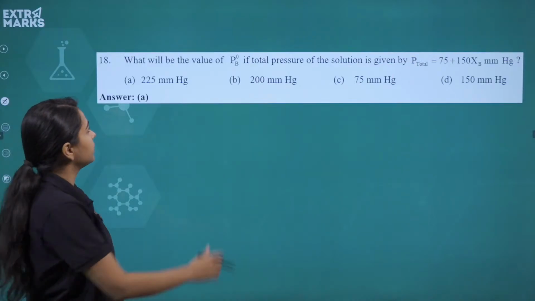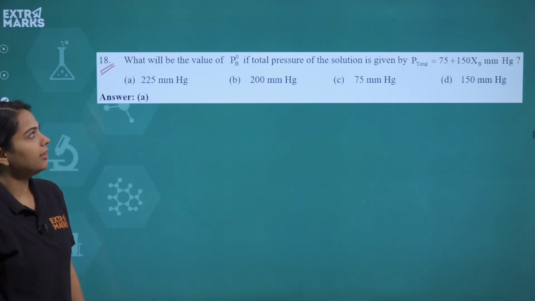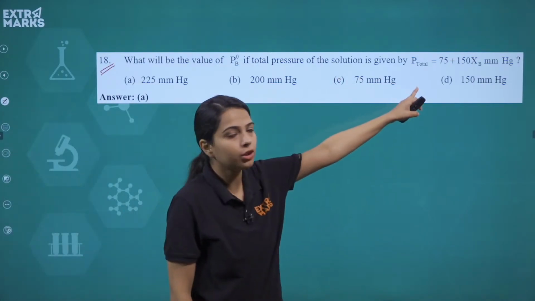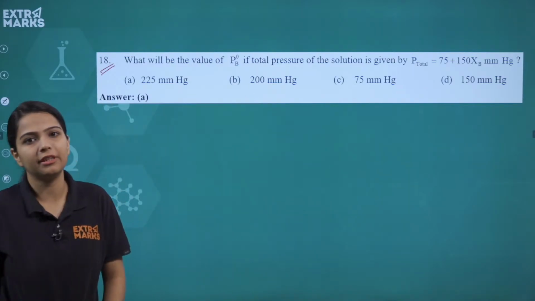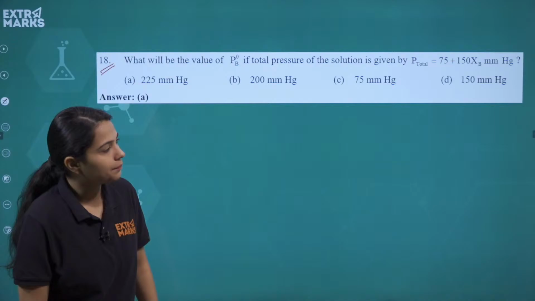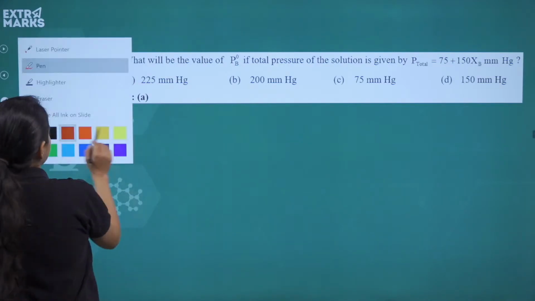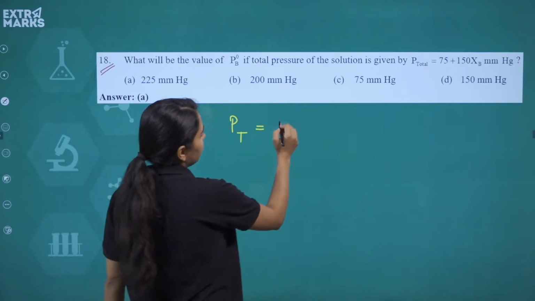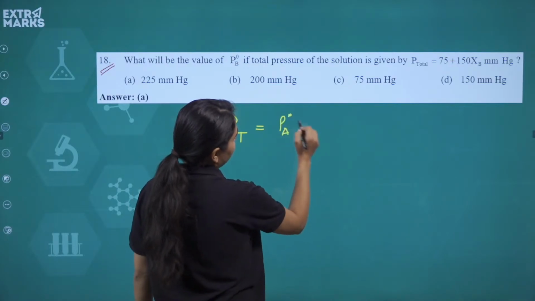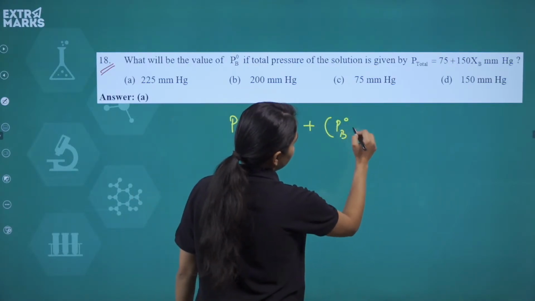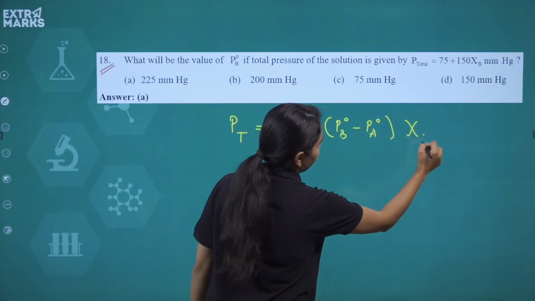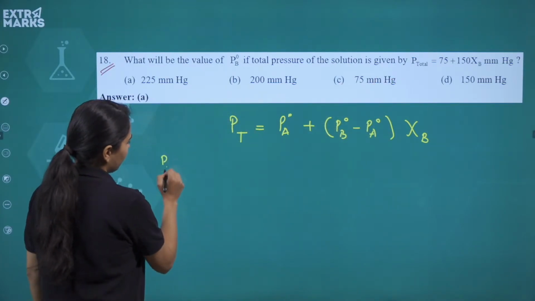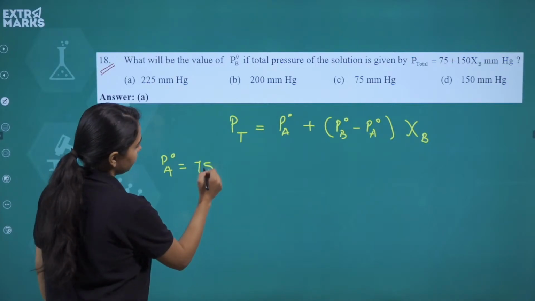Alright, next is question number 18. What will be the value of PB naught if the total pressure of the solution is given by P total is equal to 75 plus 150 into chi B? Now what is chi B here? This equation is actually analogous to the equation that we have deduced while doing this chapter. So this is actually equal to PA naught plus PB naught minus PA naught into chi B. So if I compare these two equations, PA naught is equal to 75, correct?